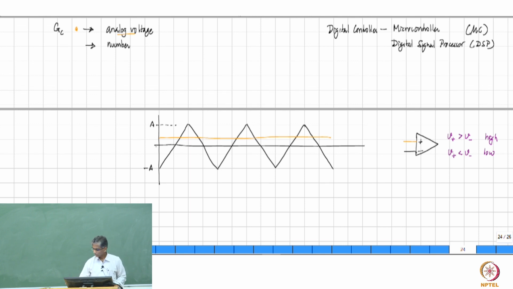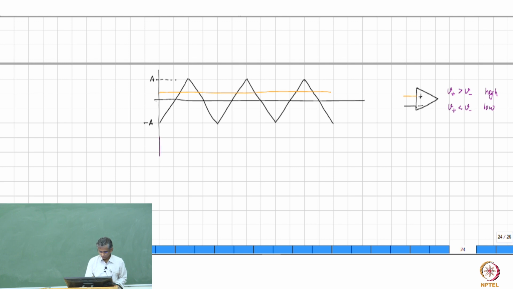Okay. So if this is implemented, what will be the output waveform from this comparator? This comparator will look at these points, places of intersection. And then in these regions, it will give a high signal, and then it gives a low signal, then it gives a high signal, low here, high and low.